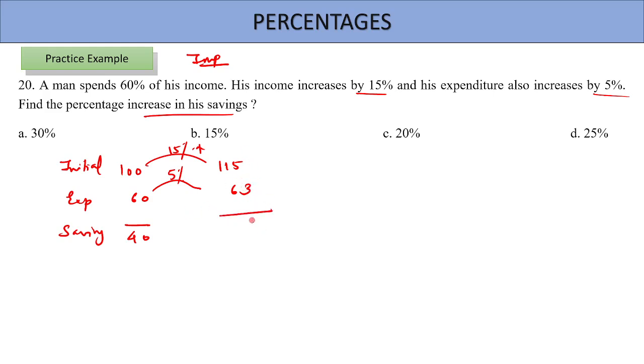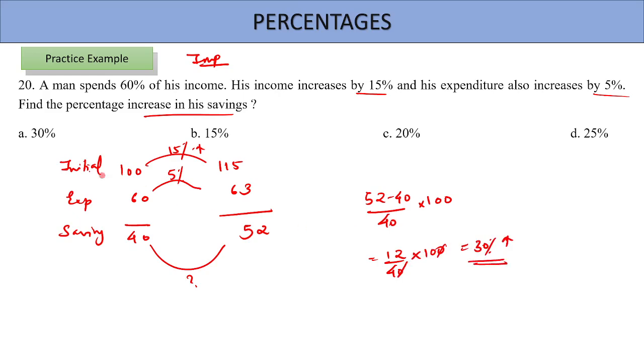So my savings will be 52. Then you have to find the percentage increase in his savings, which is (52 minus 40) by 40 into 100, which is 12 by 40 into 100, and this will be a 30% increase. Option A.